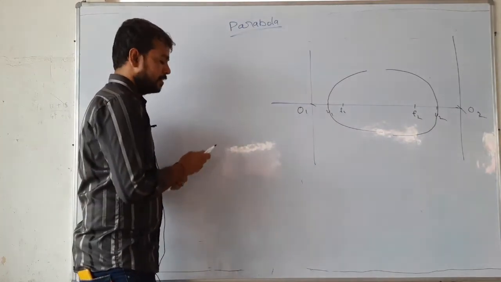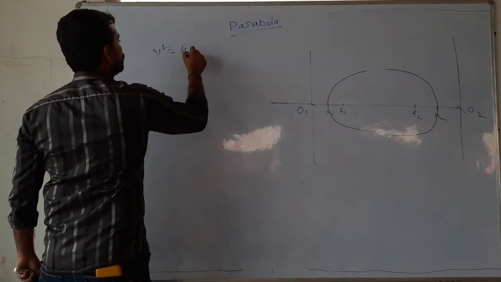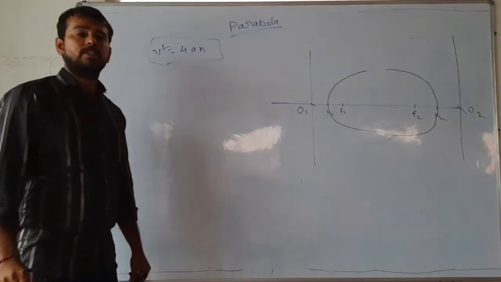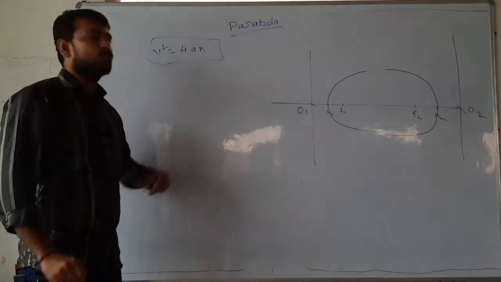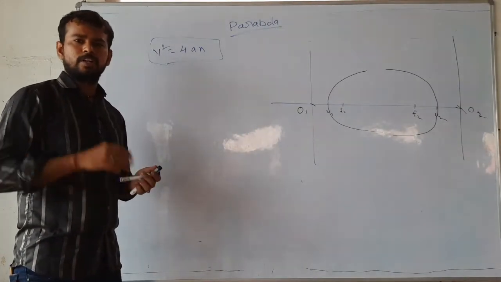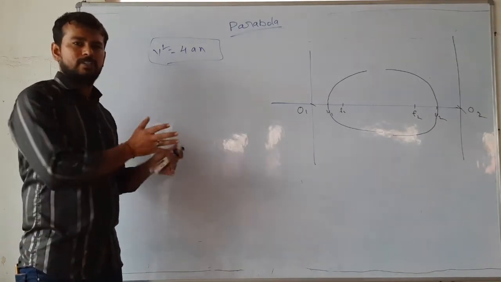Okay, and for this the equation will be y square is equal to 4ax. While you are drawing offset methods, you will get to know about this equation. You all might have gone through this subject and come across these types of equations, but this is just a brush up.